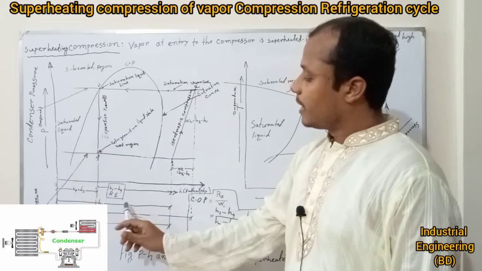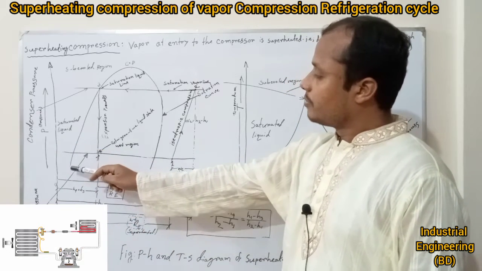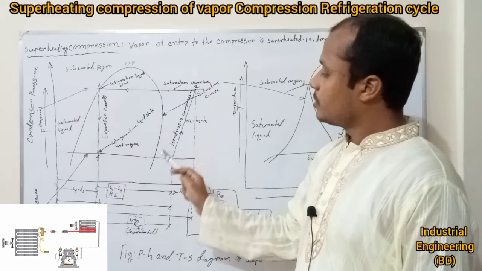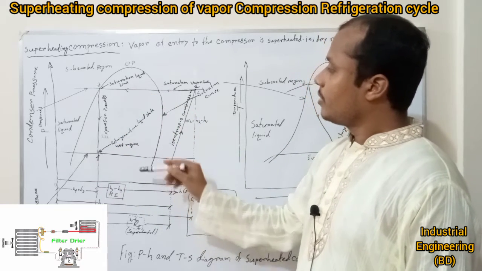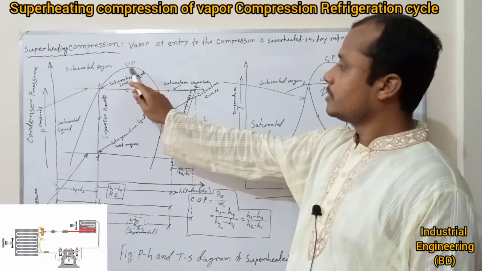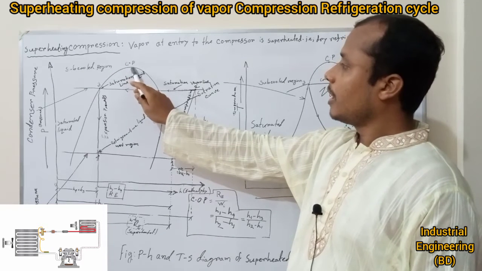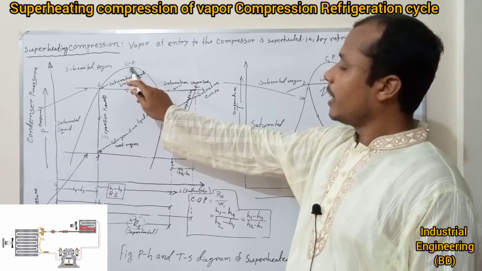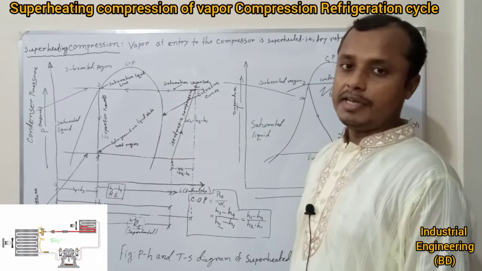From the pH diagram, this is the saturation curve. The top of this saturation curve is the critical point. At this critical point, highly pressurized liquid and vapor are in an integral manner.